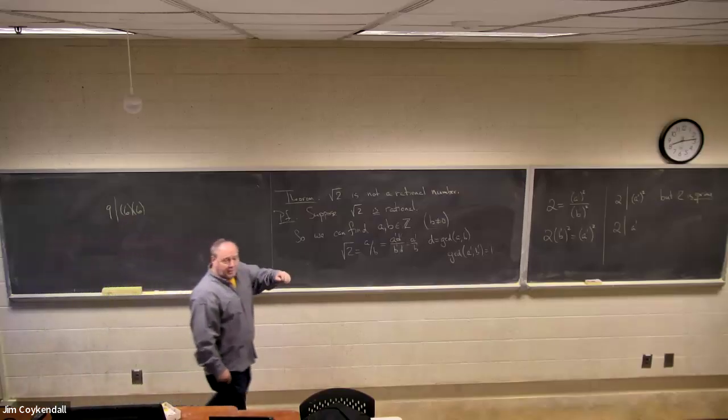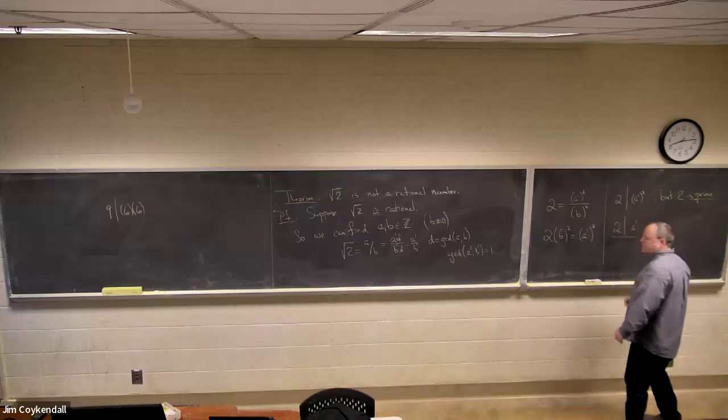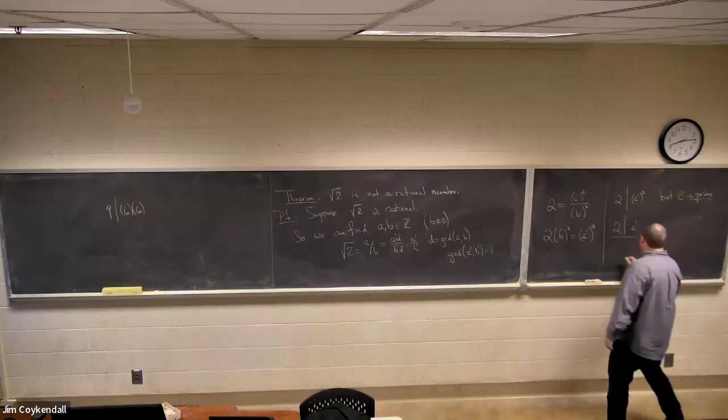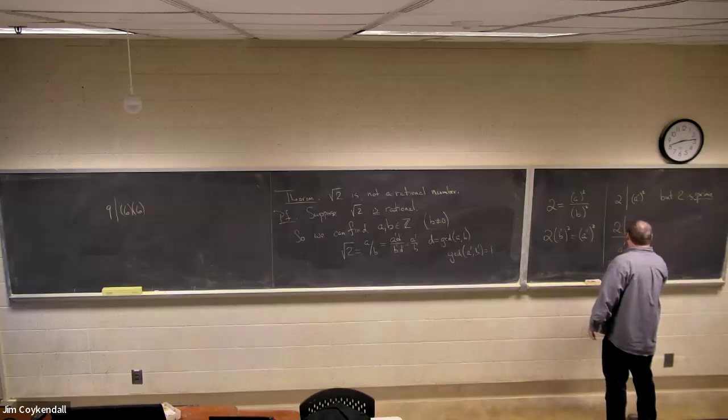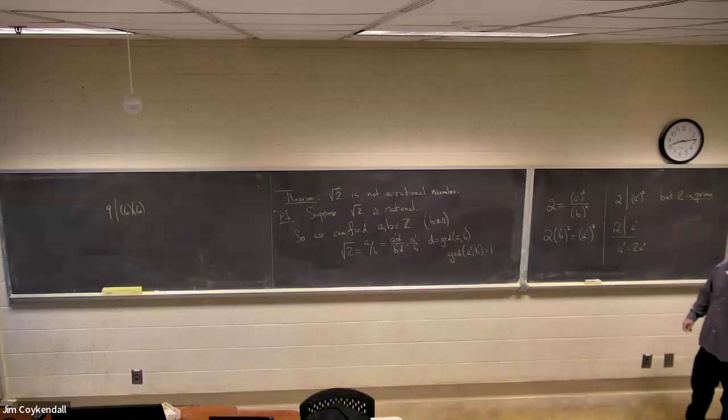Right? And so prime is very important. Okay, so what does this mean? 2 divides a. Well, this means that a equals 2a prime. I don't go crazy with primes here, but everybody agree with it?